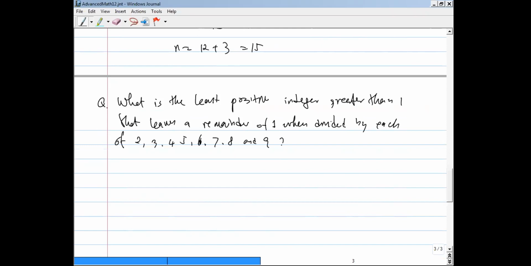Okay, let's say 100. No, it should be larger than that number, okay? I think Sophia has answer, right? Okay, so the idea is the same remainder, so that means n minus that number is divisible by 2, 3, 4, 5, 6, 7, 8, 9.